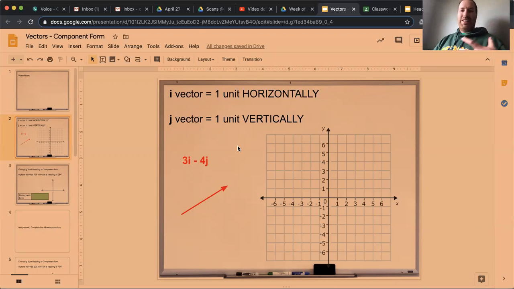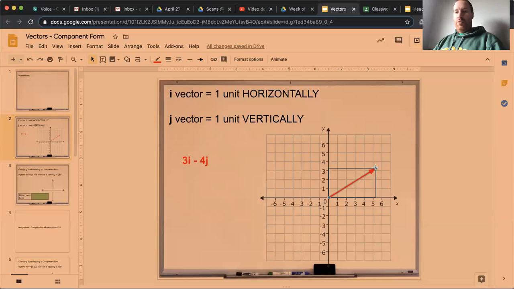So if we wanted something in component form, we might say 3I minus 4J. What all that means is that, again, vectors can start anywhere they want to. So most vectors, if we are going to graph them in component form, we start at 0,0. And then this just means go 3i, 3 horizontally, and go negative 4 vertically.